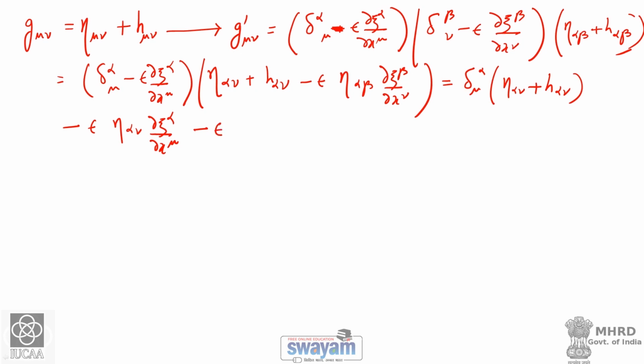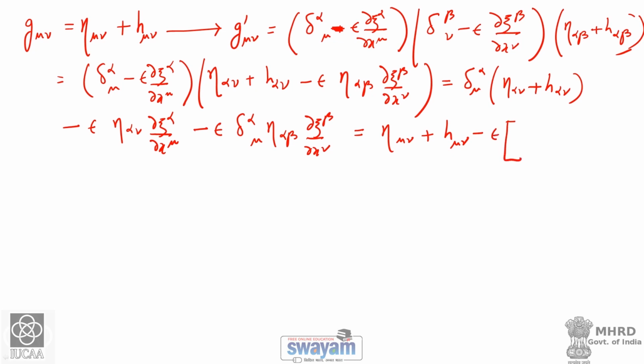So I will get ε δ^α_μ η_αβ ∂ξ^β/∂x^ν, so that all others are small, and hence when I simplify I will get this object becomes η_μν, this object becomes h_μν, and finally this object becomes minus ε.